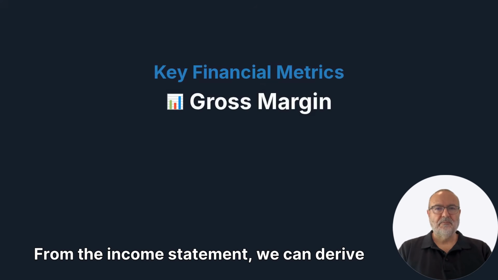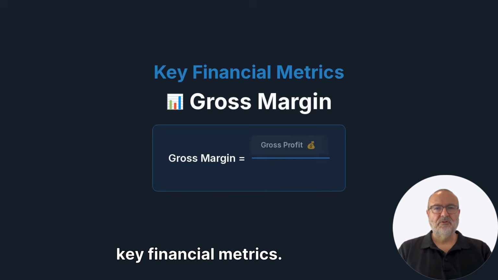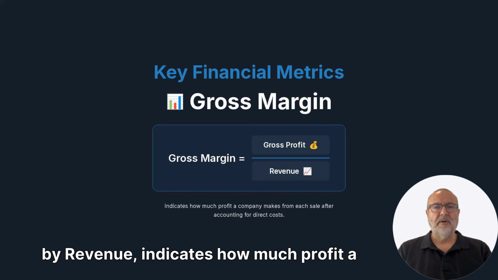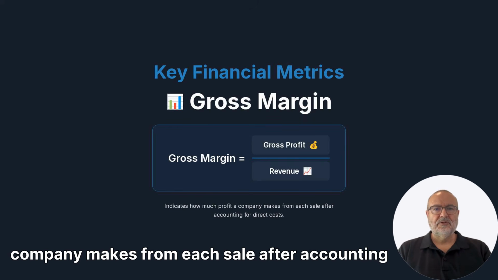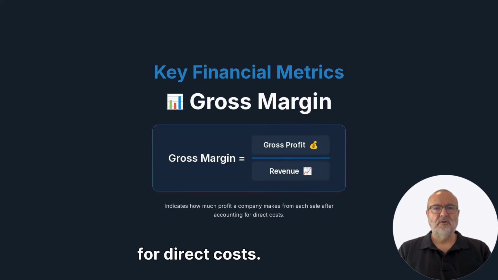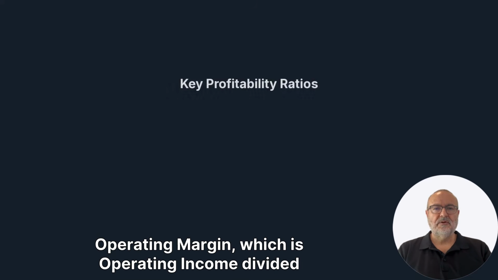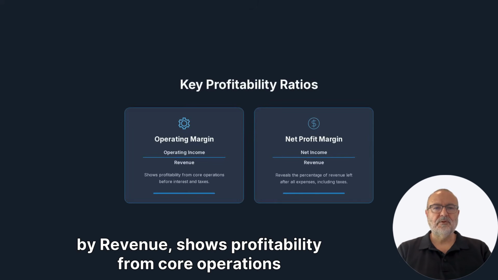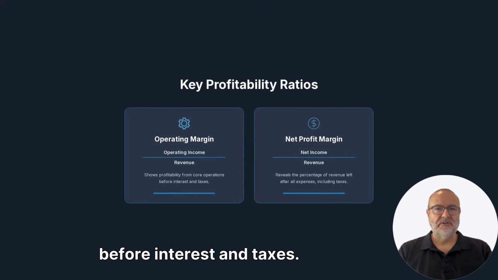From the income statement, we can derive key financial metrics. Gross margin, calculated as gross profit divided by revenue, indicates how much profit a company makes from each sale after accounting for direct costs. Operating margin, which is operating income divided by revenue, shows profitability from core operations before interest and taxes.